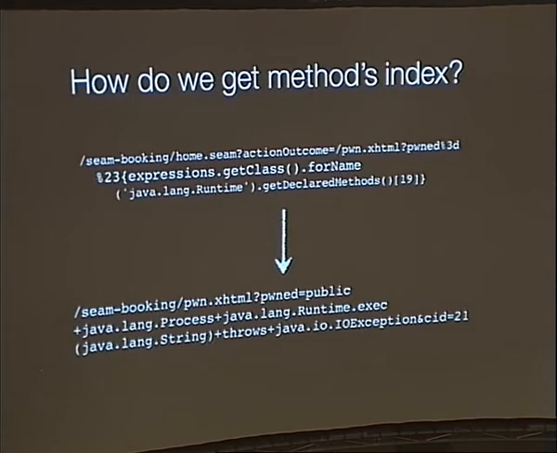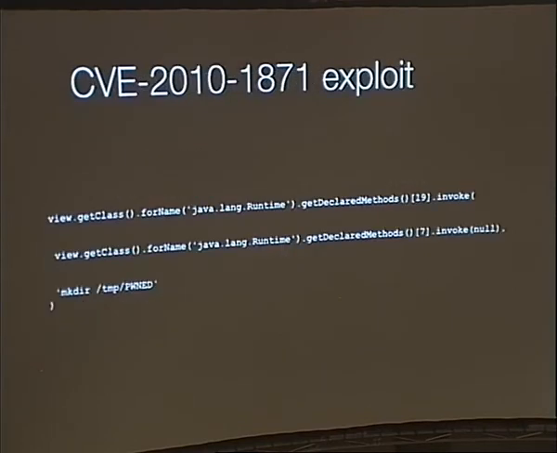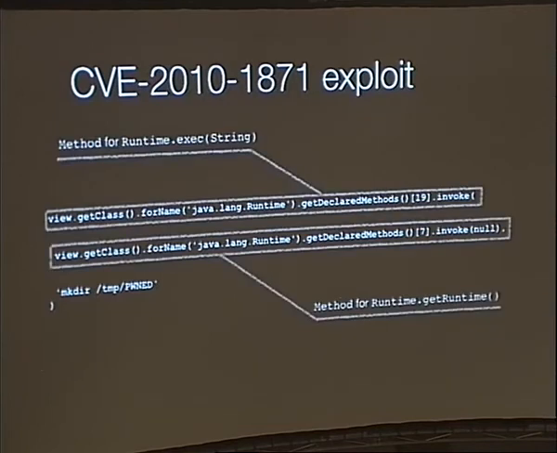So the full exploit for this is like this. We do getRuntime, we call the 19th method's invoke, and then inside of that, we need to pass an argument, right, a runtime instance on which to invoke the exec method. So first we call the exec method, but because exec is a non-static method, we have to pass an instance.